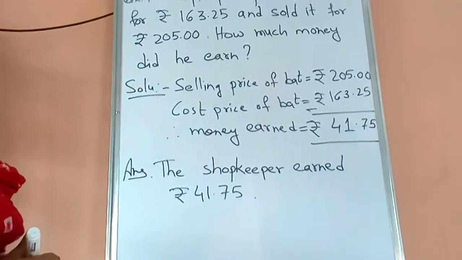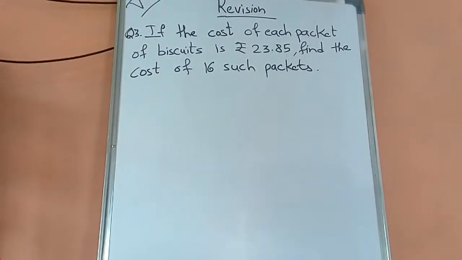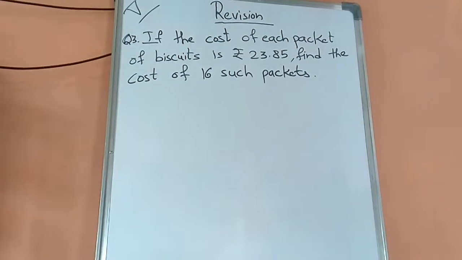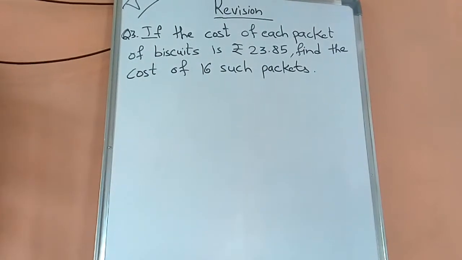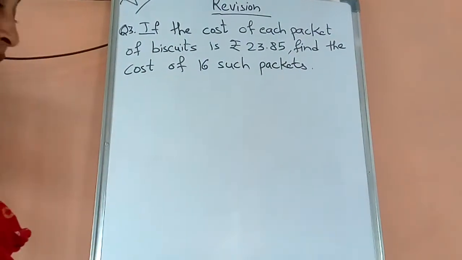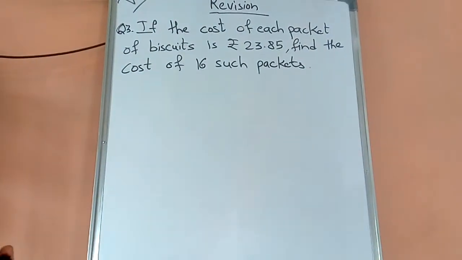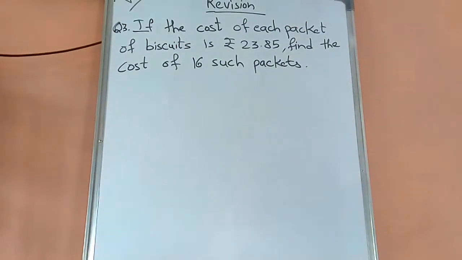Now let's write question number 3. If the cost of each packet of biscuits is rupees 23 and 85 paise, find the cost of 16 such packets. The cost of one packet is given, 23 rupees and 85 paise, and you have to find the cost of 16 such packets.